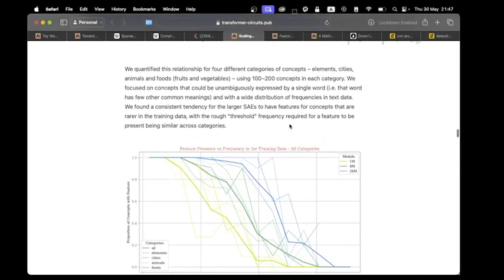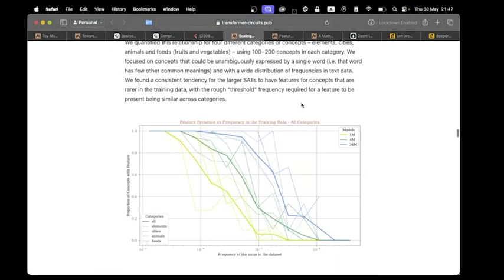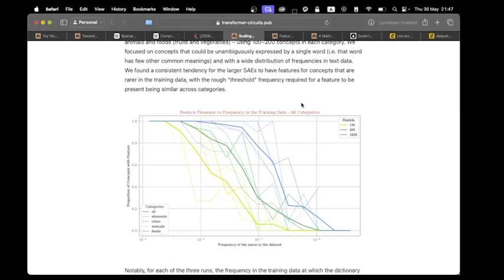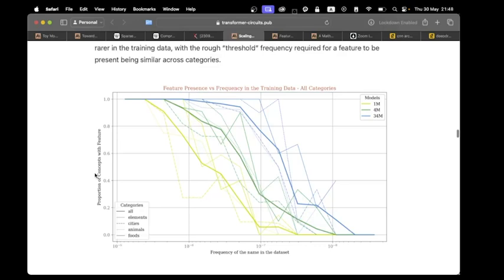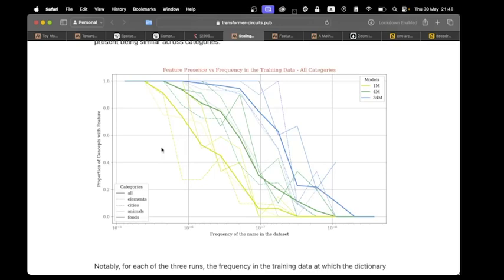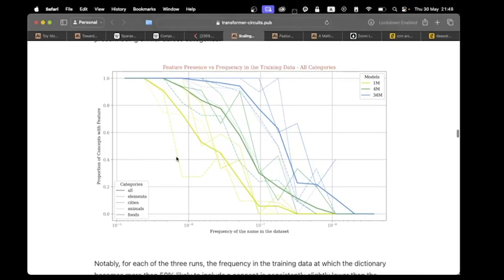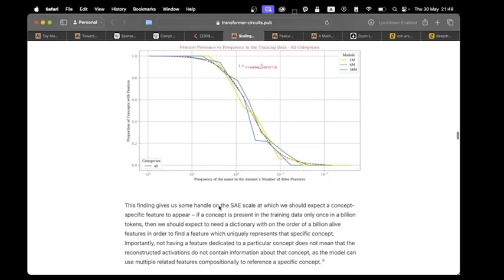I think what they meant to say here is that we have dataset frequency and feature frequency, and apparently, the more often we get something in the data, the more features correspond to the thing, with a sigmoid.